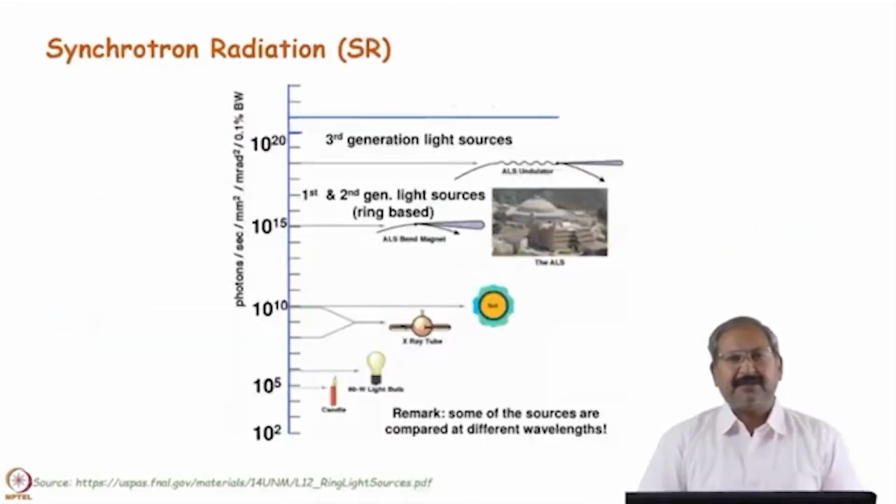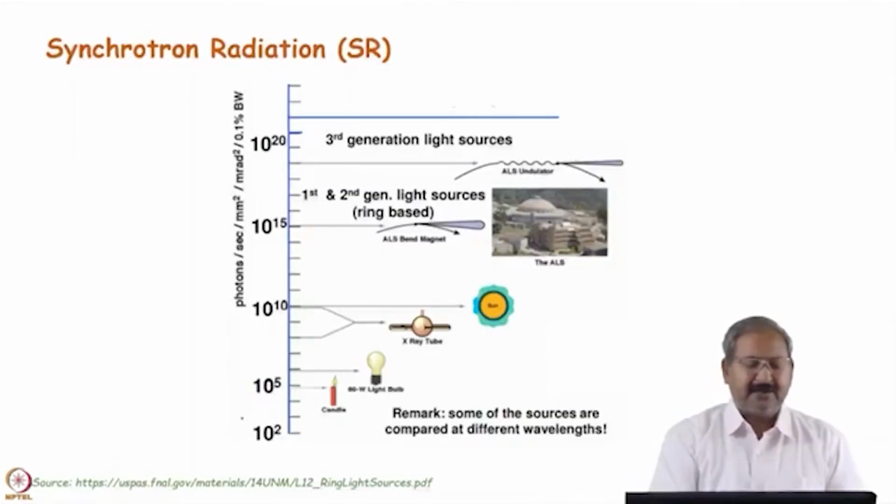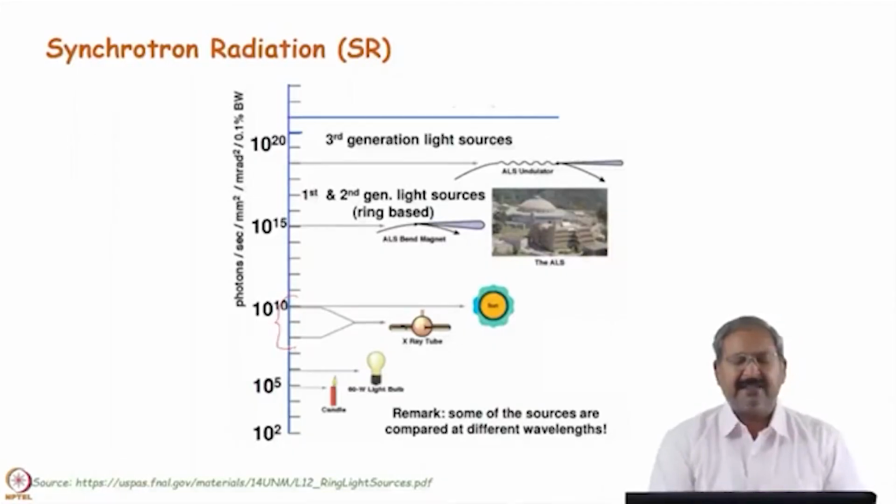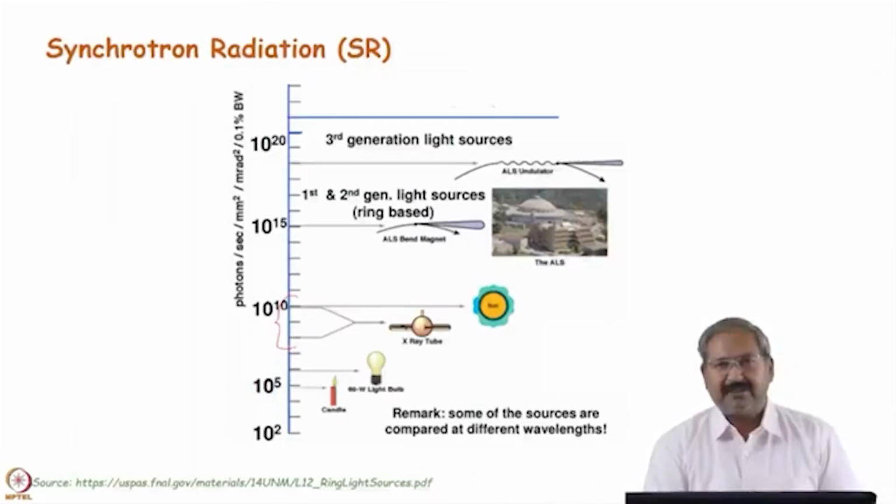Now we see some of the properties of the synchrotron radiation. Why are synchrotron radiations so important? You can see in this plot the level of brightness of the synchrotron radiation. This is our usual lab X-ray source where electrons impinge on a cathode and we get the Bremsstrahlung radiation for our experiment.